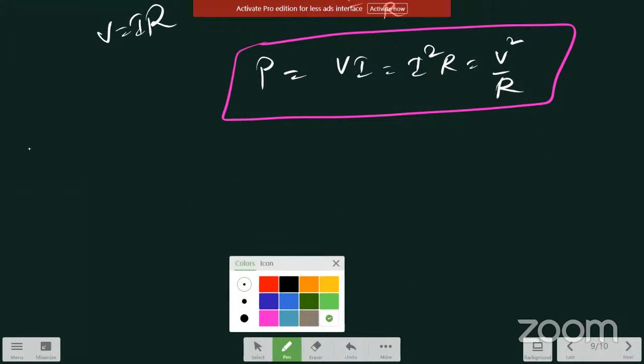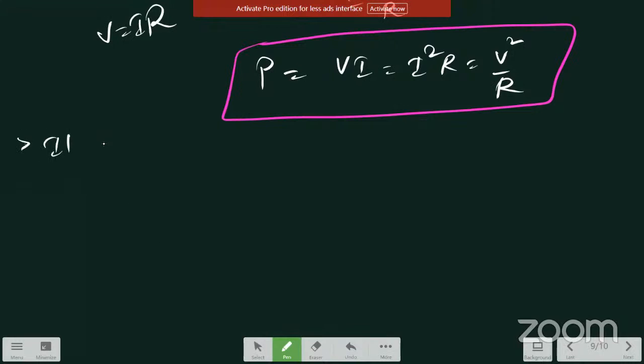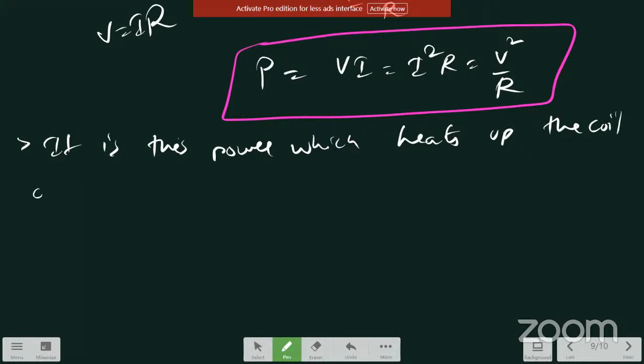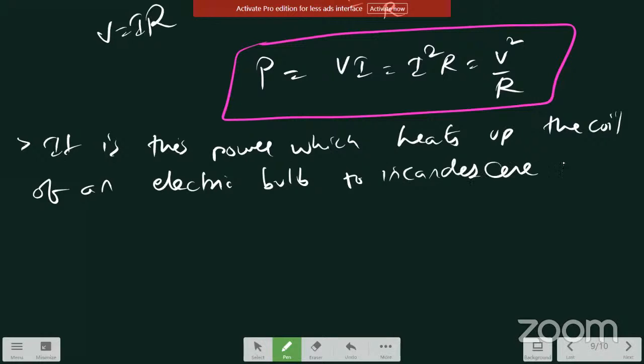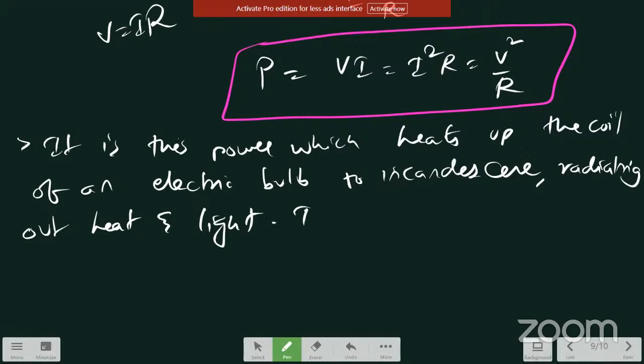Nothing to worry. It is this power which heats up the coil of an electric bulb to incandescence, radiating out heat and light.